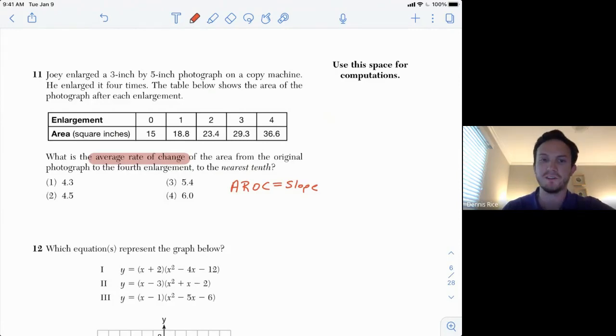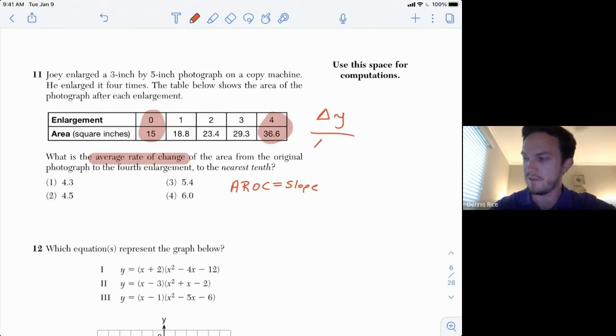So we're going to treat this like it's saying, find the slope between the original photograph, so this is the original, and the fourth enlargement. To find the slope, we're going to find the change in the y values or the outputs and divide them by the change in the x values.